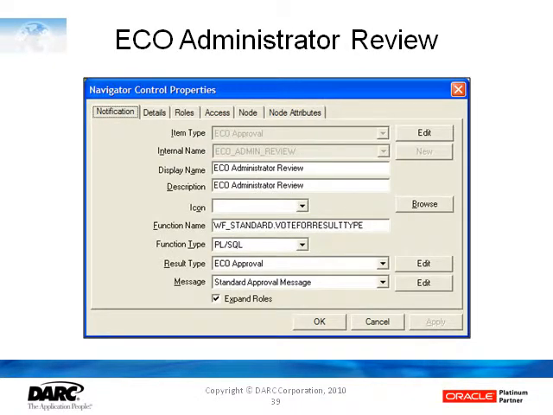The next step in the process is the ECO administrator review. The ECO administrator in this process is making sure that all the documentation is available and attached to the ECO, and then he will either approve it to let the process continue or reject it so that the work will get forwarded to him so he can attach it to the ECO.